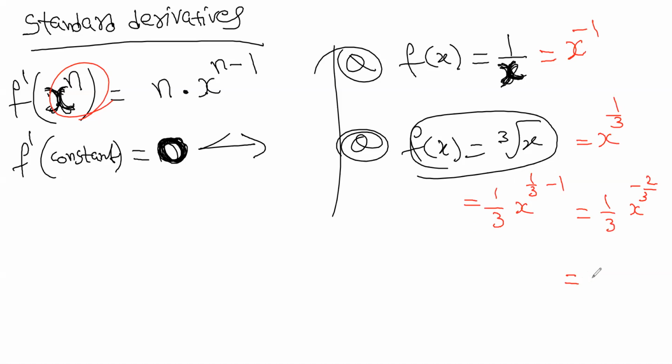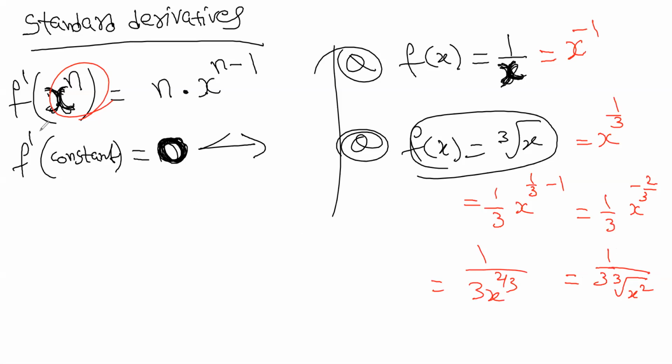So what we got here is 1 by 3 into 1 by x to the power 2 by 3, or 1 by 3 times the cube root of x square. Otherwise you can directly write 1 by 3 into x to the power minus 2 by 3. It's the same.